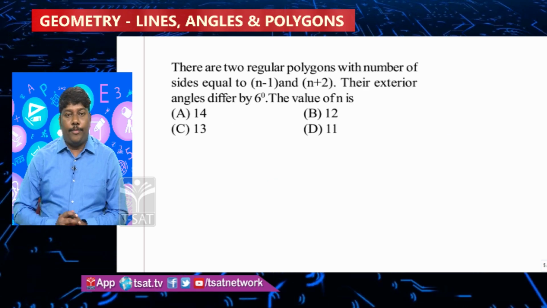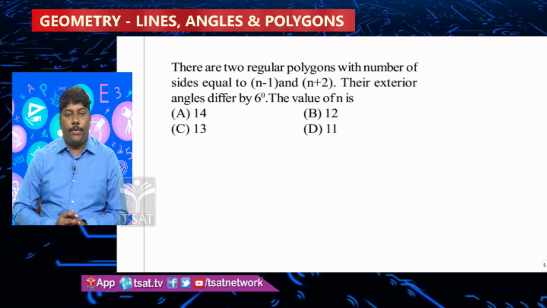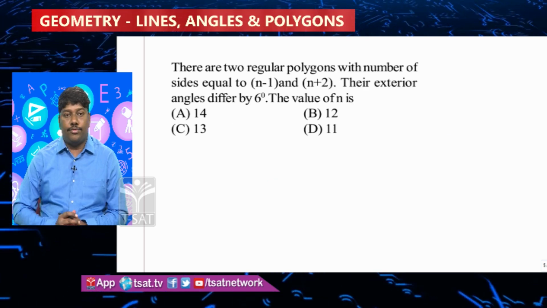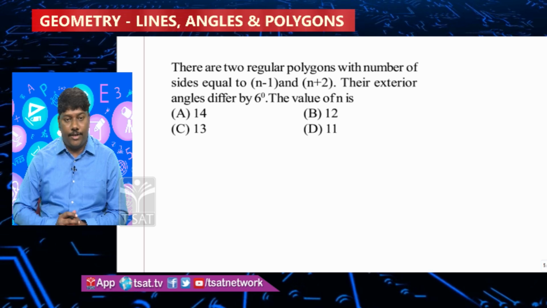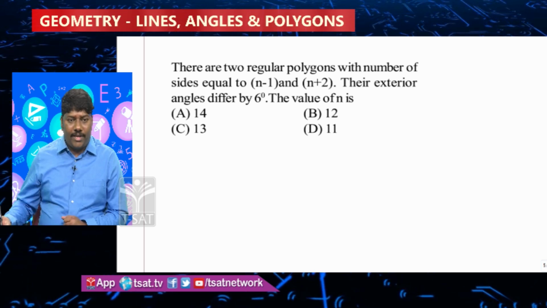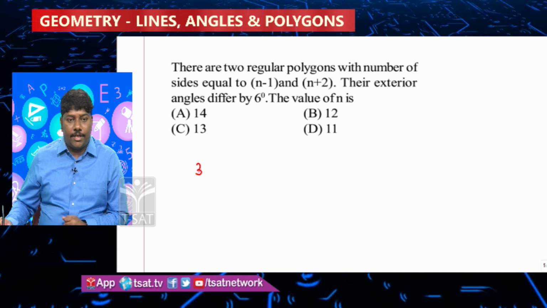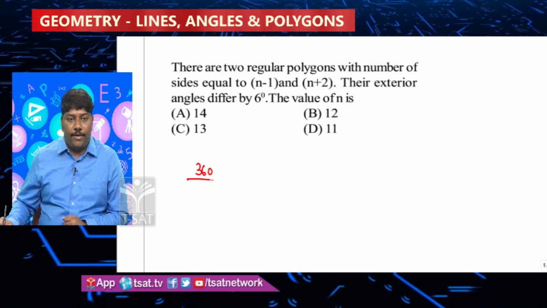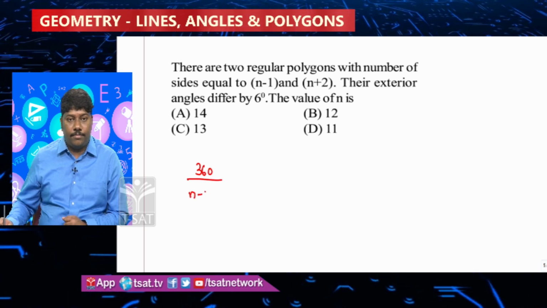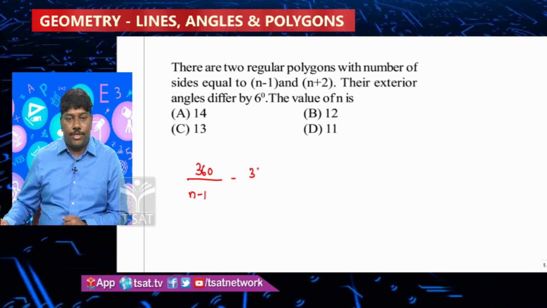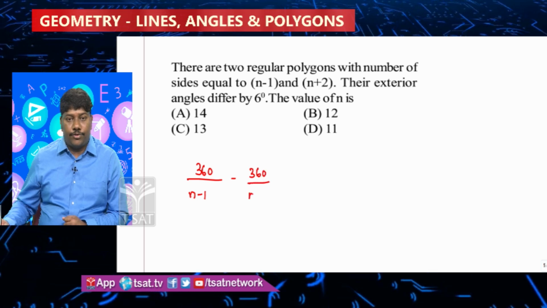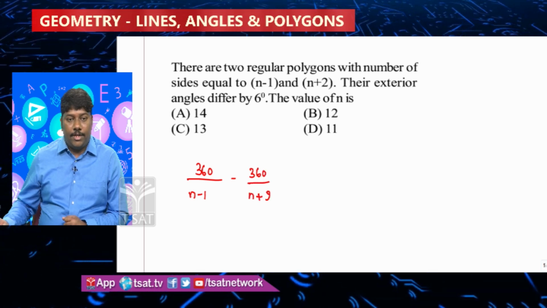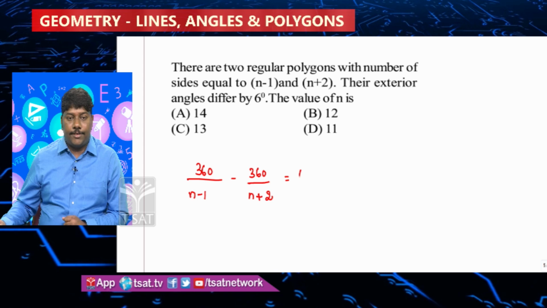There are two regular polygons with number of sides equal to n minus 1 and n plus 2. Their exterior angles differ by 6. What are exterior angles when number of sides are given? 360 divided by n minus 1 minus 360 divided by n plus 2. The difference between their exterior angles is 6.